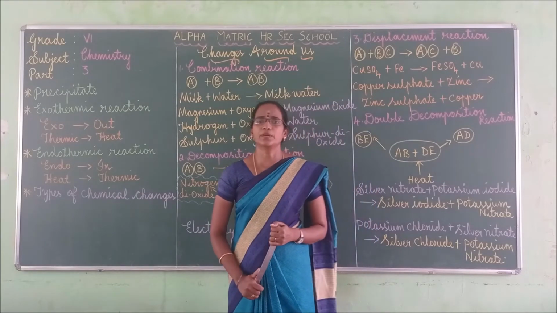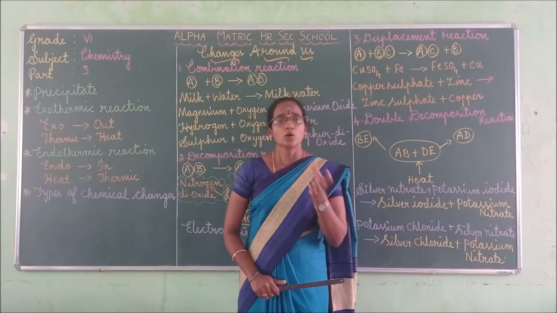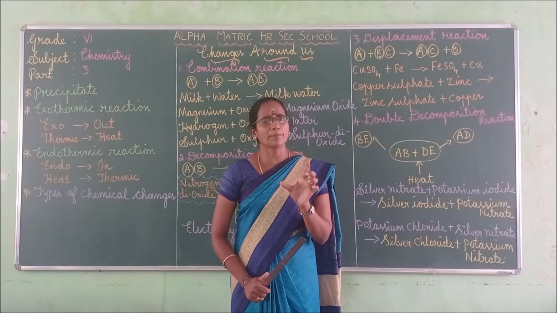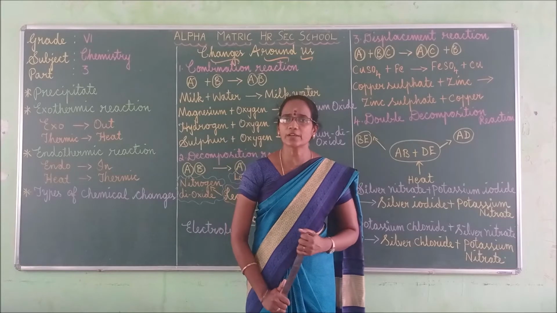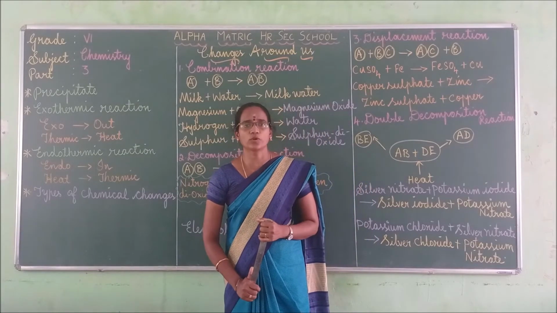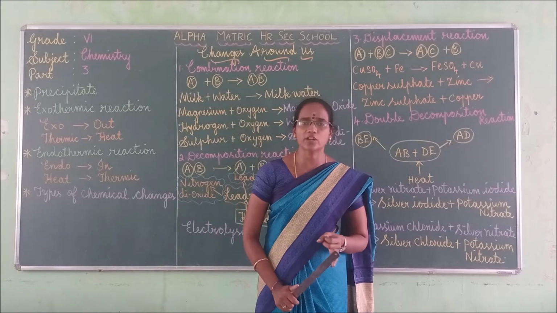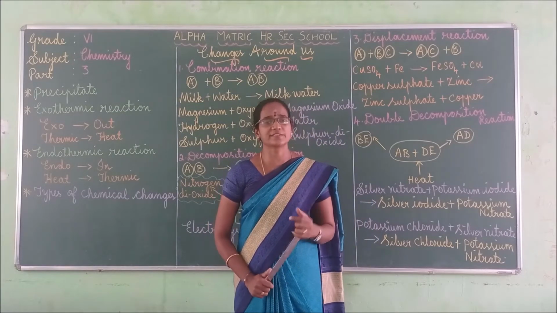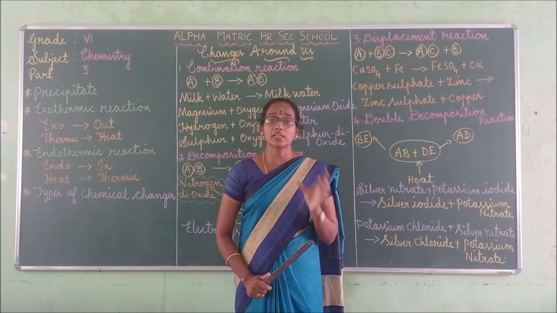For example, if you take silver nitrate, when it reacts with sodium chloride, both combine to form a white precipitate of silver chloride as well as sodium nitrate. Silver nitrate reacts with the sodium chloride compound, and both react to form a new substance, a new product, a new compound, that is called silver chloride.